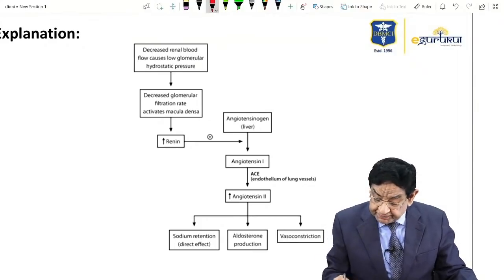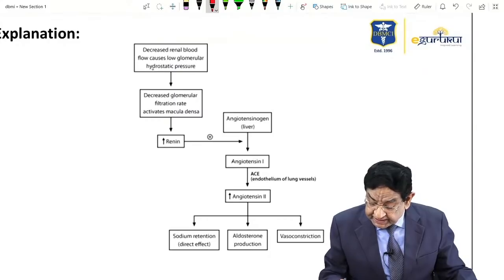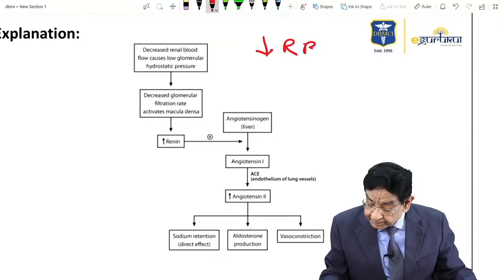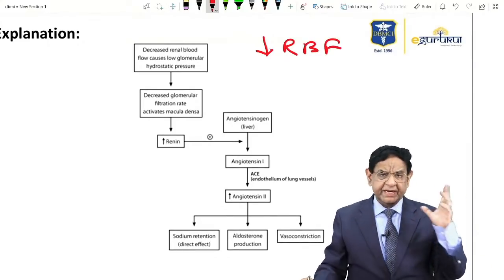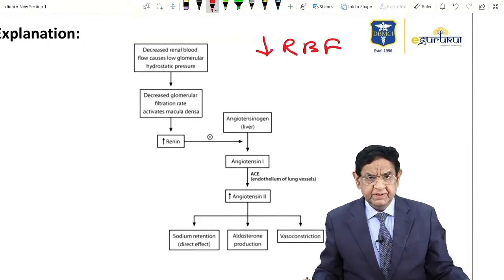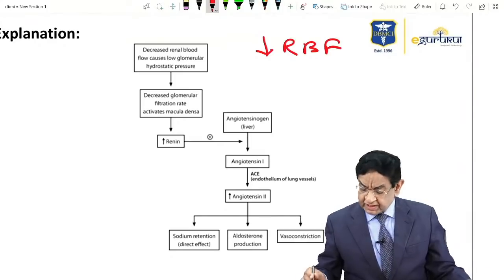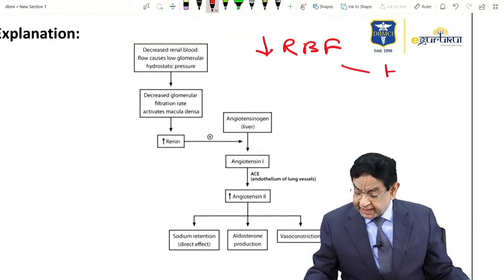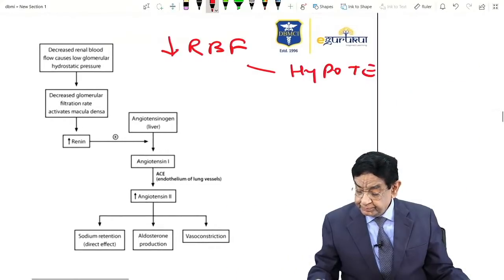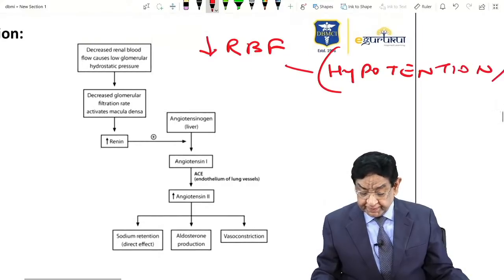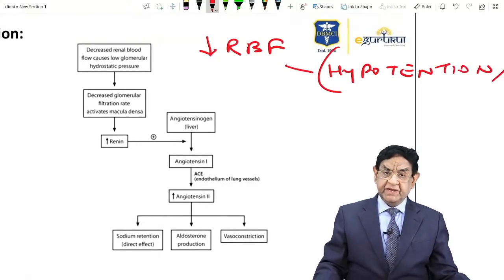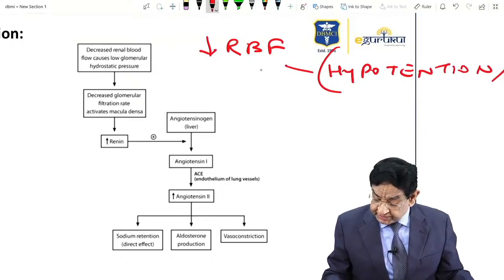Normal physiology. Whenever there is decreased renal blood flow, in any condition where the renal blood flow is reduced, classically in conditions like hypotension, low BP, definitely the renal blood flow is reduced. So that will lead to what?